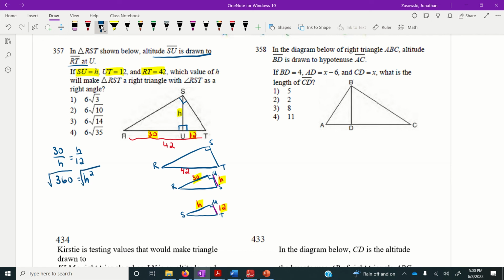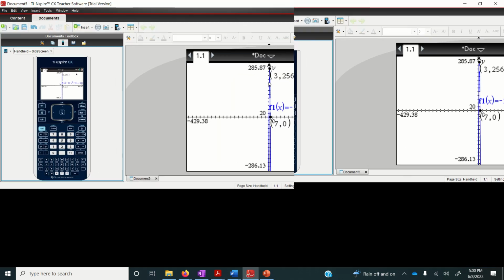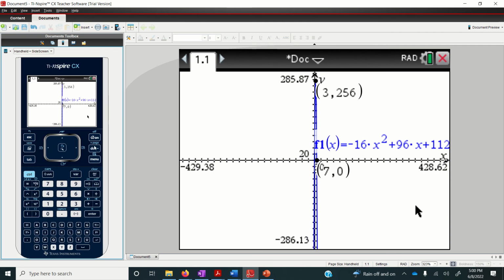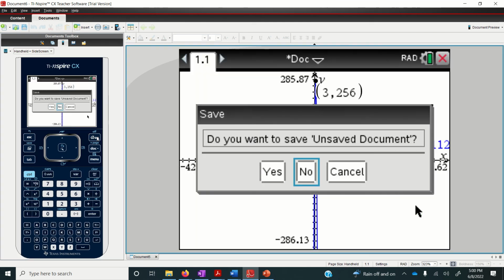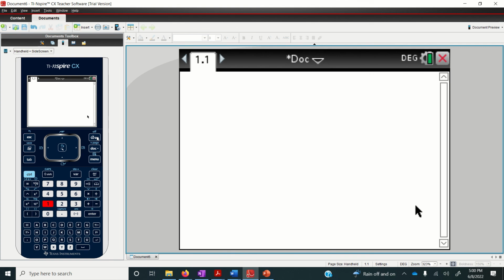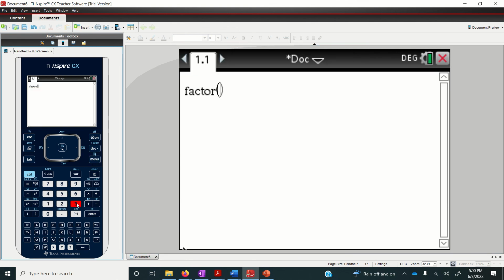Now, you may remember on the calculator, new document, not going to save, that we can do on the calculator page, menu, and then 2, 3, factor.